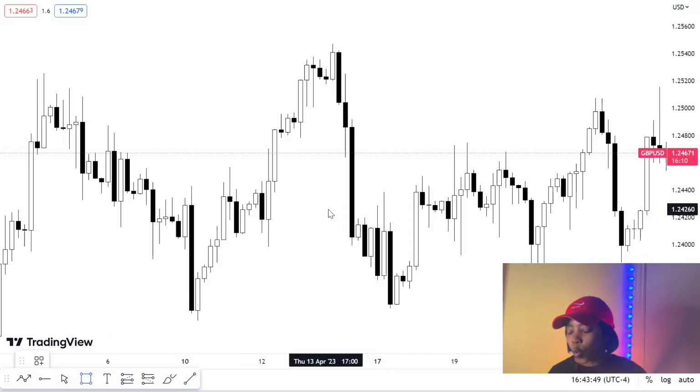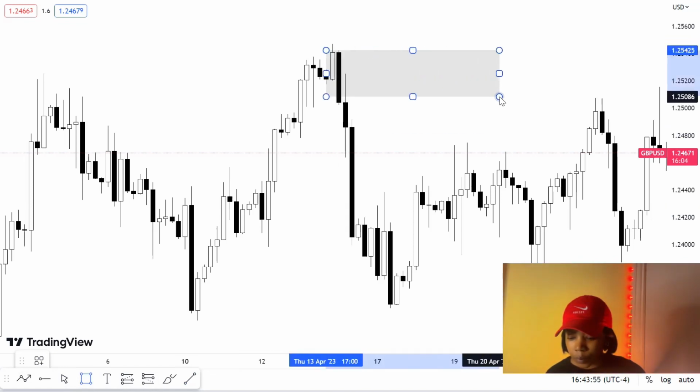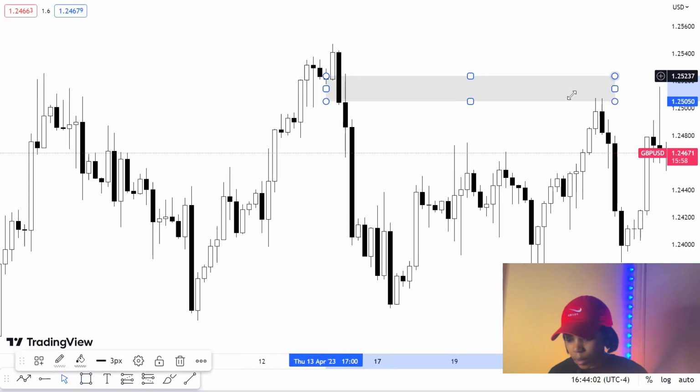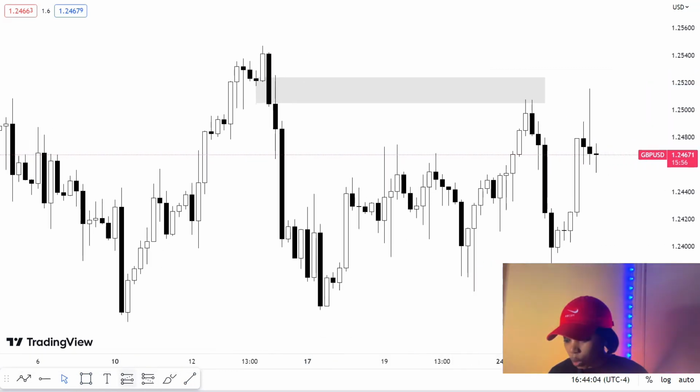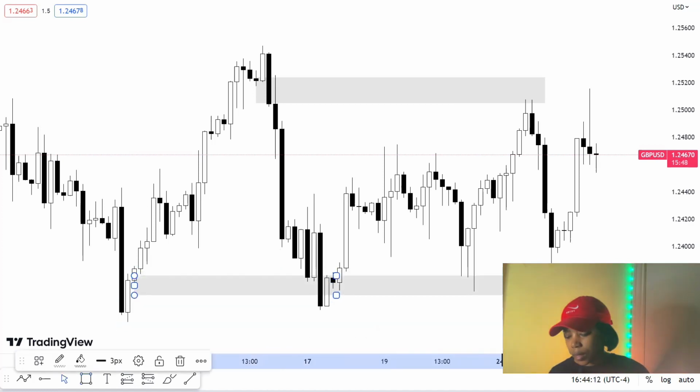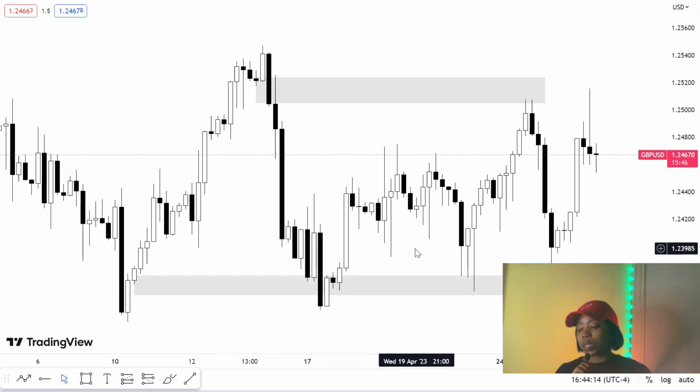For instance, if you were trading support and resistance, you would look at this area as we are being supported on that area, right? And you would take your box and look at that area down there as a resistance area, right?